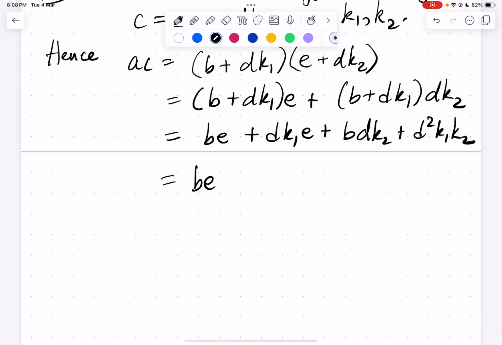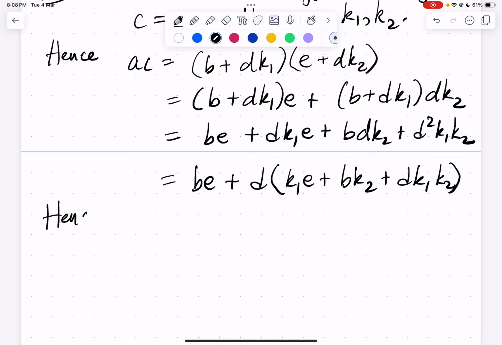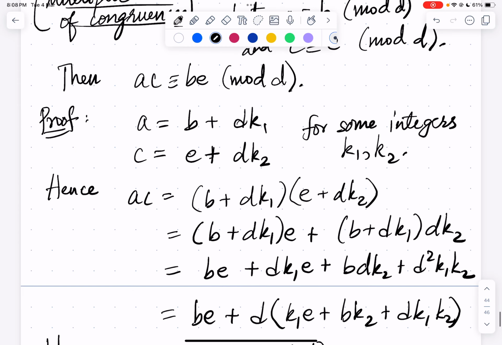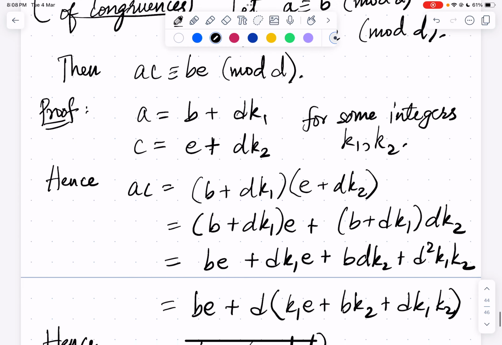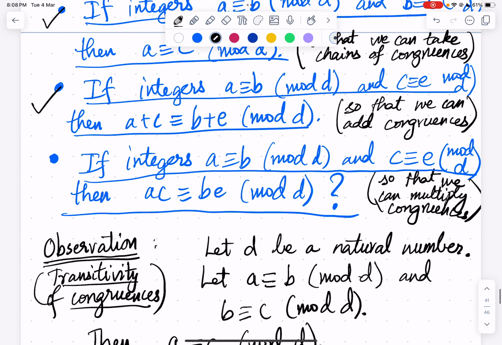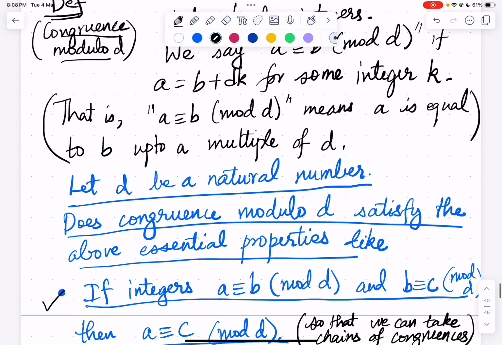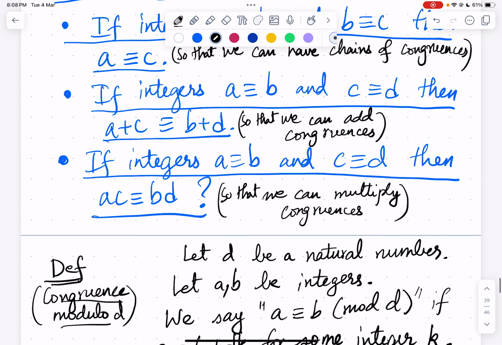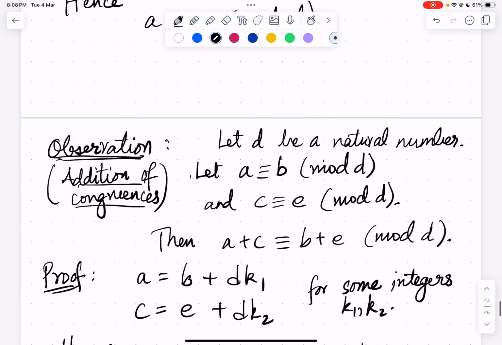So this is BE plus d times k1E plus Bk2 plus dk1k2. Hence the product AC is congruent to BE mod D, as needed. So we do have the multiplication property as well. So congruence modulo D satisfies some of the essential properties of equality, like transitivity, addition, and multiplication.